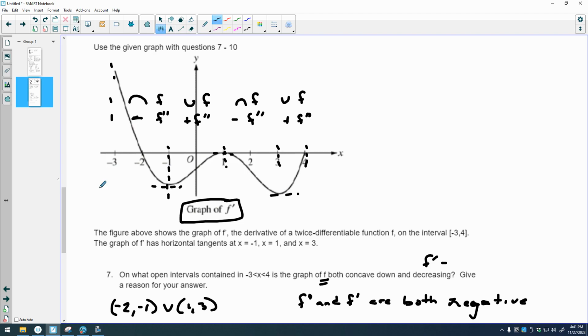Remember back in question 5, we said points of inflection occur at maxes and mins of my first derivative, because the slope of that line goes from negative to positive. So my second derivative switches signs. Those are points of inflection.